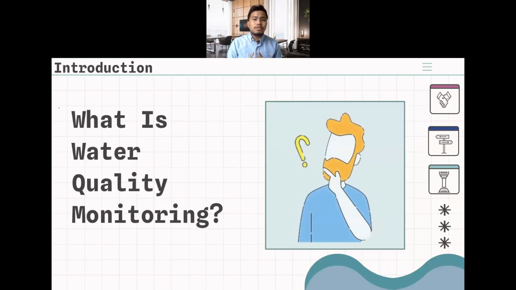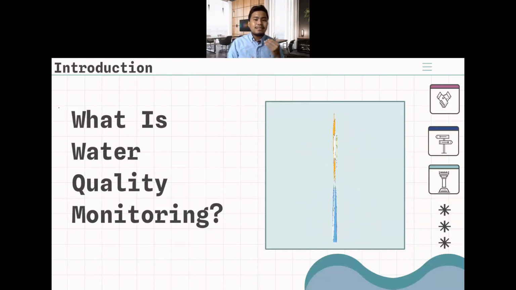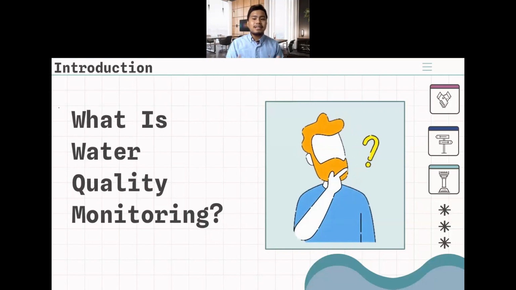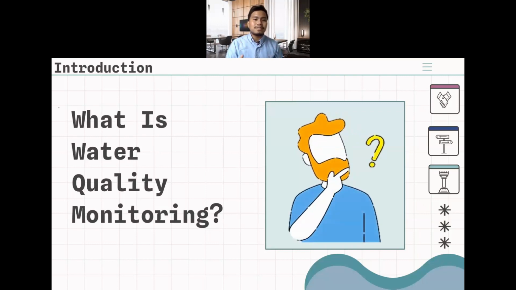Furthermore, water quality monitoring for aquaculture farming is the process of assessing and maintaining the condition of water in a shrimp farming system. It involves regularly testing and analyzing the water parameters that directly impact the health and well-being of aquatic organisms. In aquaculture, water quality monitoring focuses on factors such as temperature, dissolved oxygen, pH, ammonia, and turbidity.